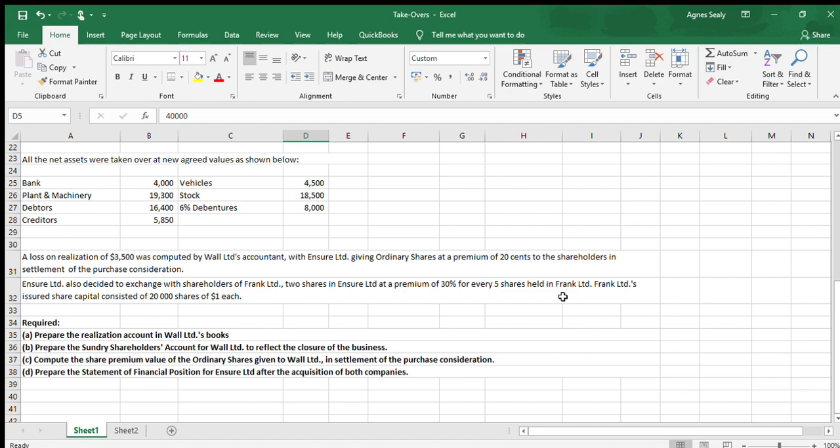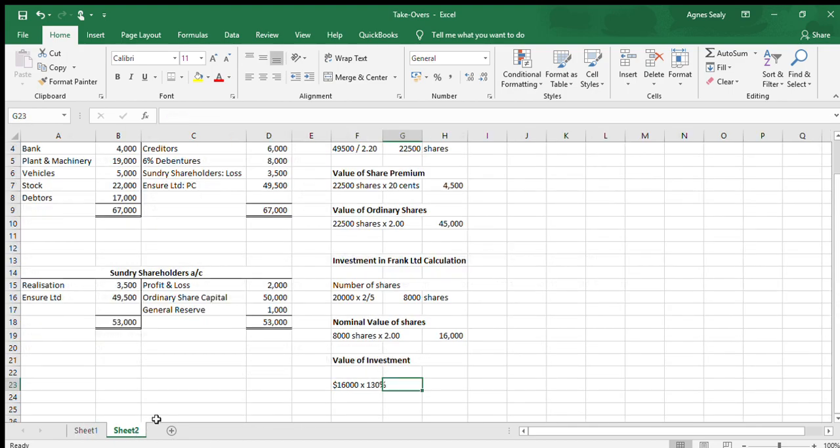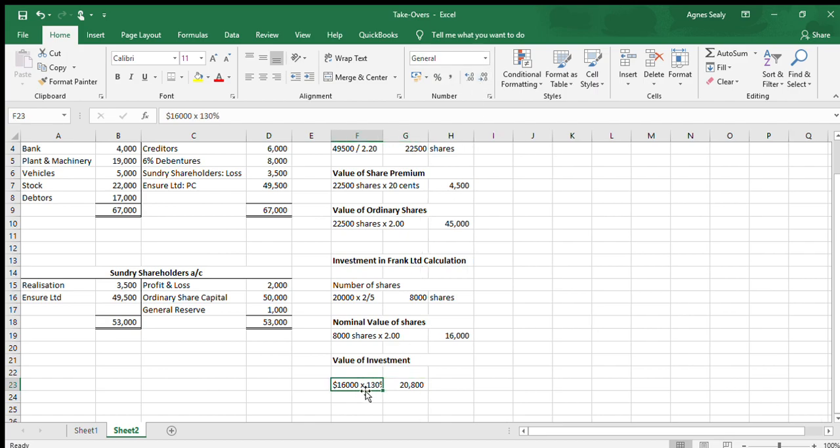So that is like 130%. So this equals $16,000 multiplied by 1.3, which is the same thing as 130%. So the value of the investment that Ensure has in Frank Limited is $20,800.